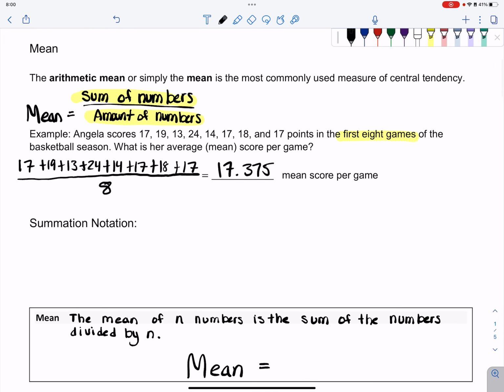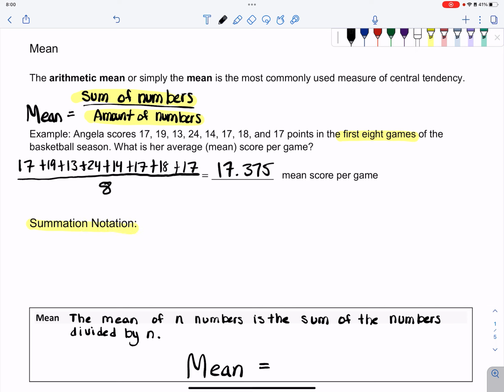Okay. The last bit here with the mean is that a lot of people like to condense the notation for calculating the mean, because saying that we're adding all the numbers together or showing your work for all of that can be a little tedious. So sometimes people like to make shorthand for that. That's where this summation notation comes into play.